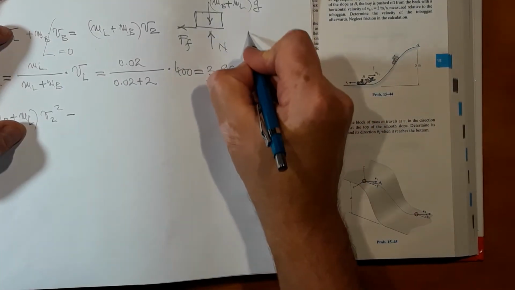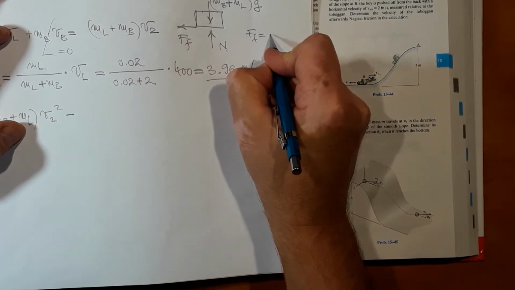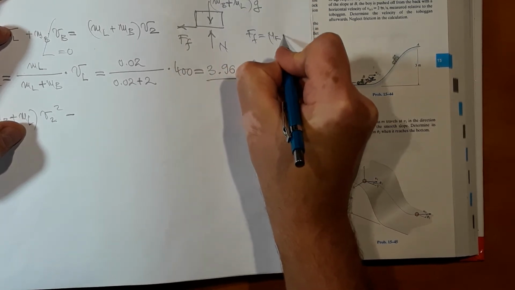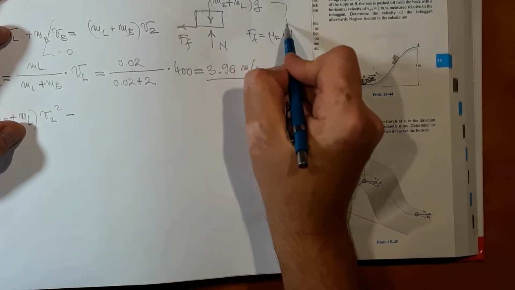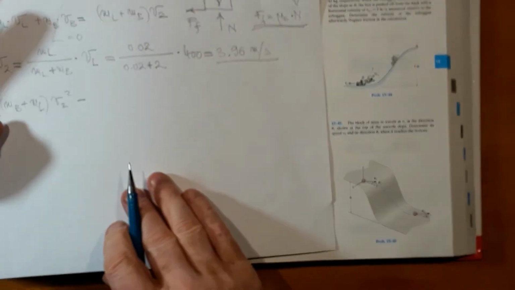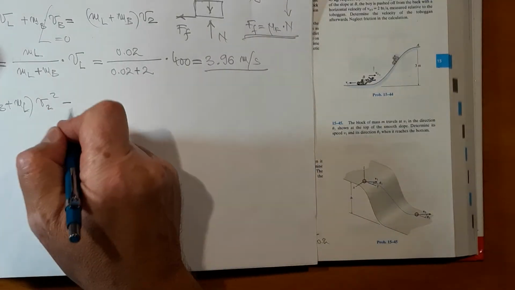So friction force is kinetic coefficient of friction times normal force, and normal force is the weight of the two together.